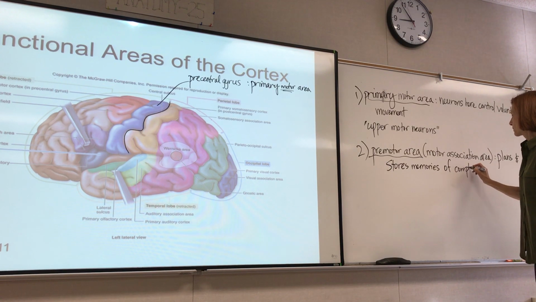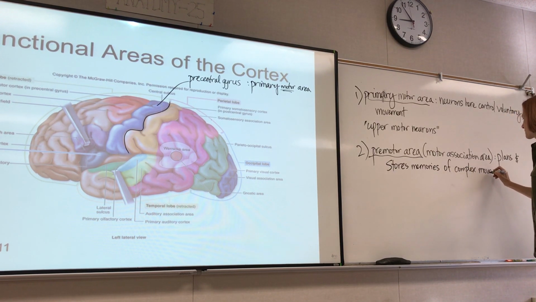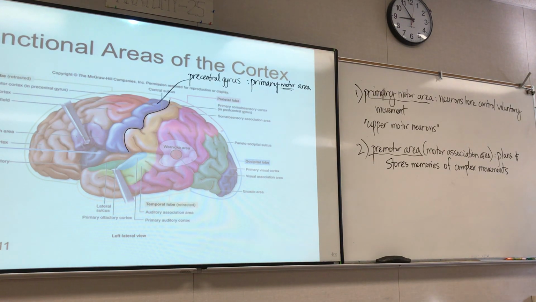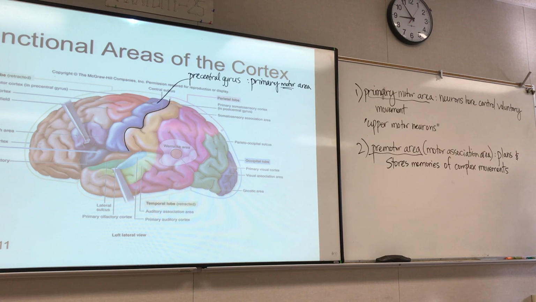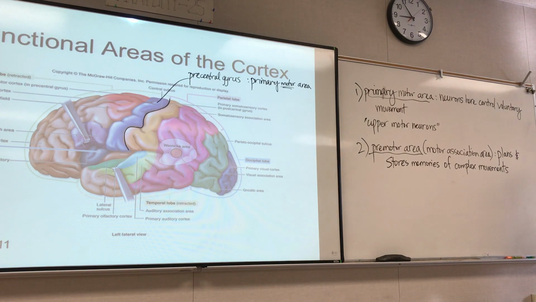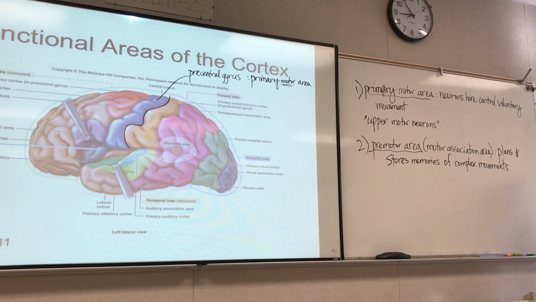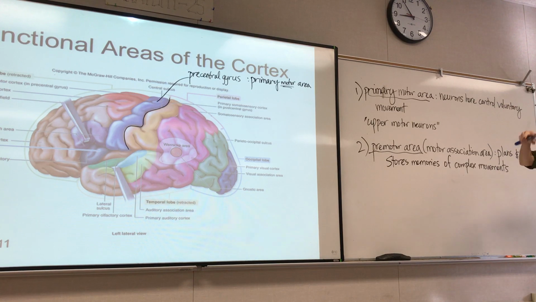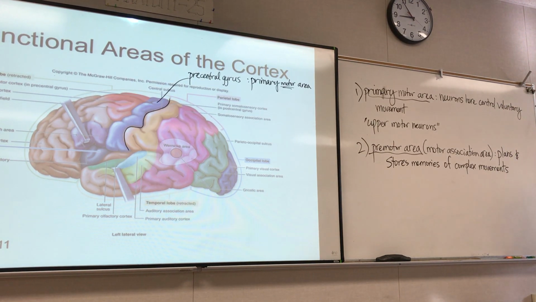Okay, complex movements. This includes a lot of things we do on a daily basis: tying our shoes, brushing our teeth, any kind of sports that you might play. So this area has to send information to the primary motor area, which in turn sends the signals to the muscles that we will use.